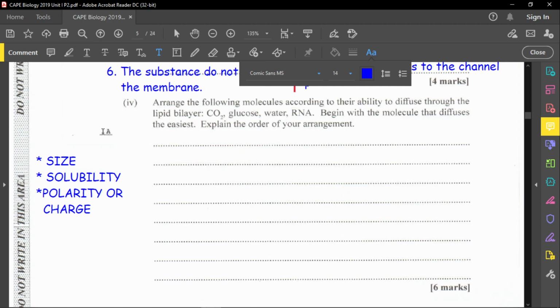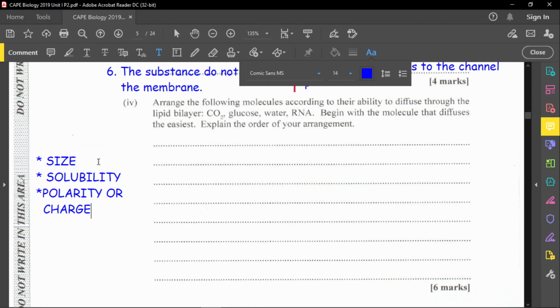Based upon the polarity of the phospholipid, whether substances are polar or non-polar will affect how they transport through the membrane. So these are generally three things that affect the rate of diffusion across a membrane.